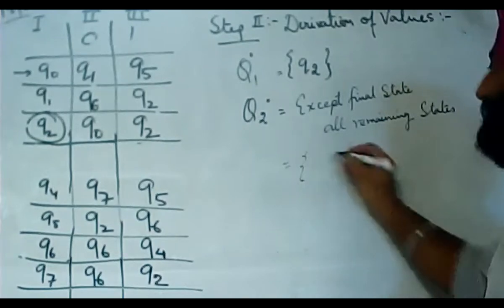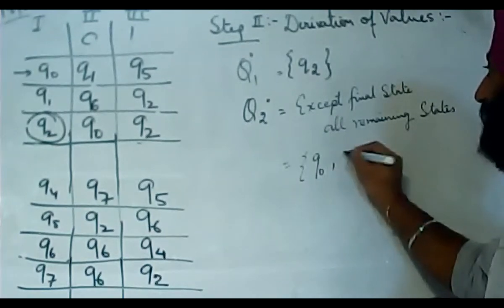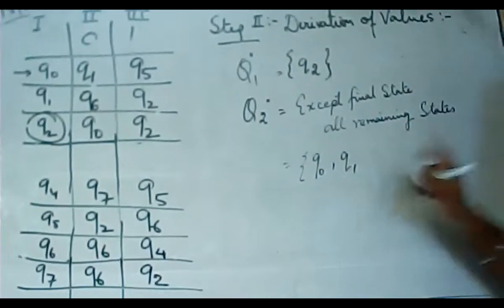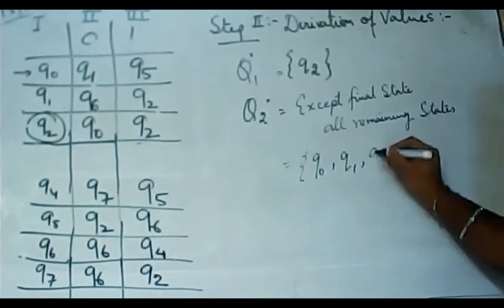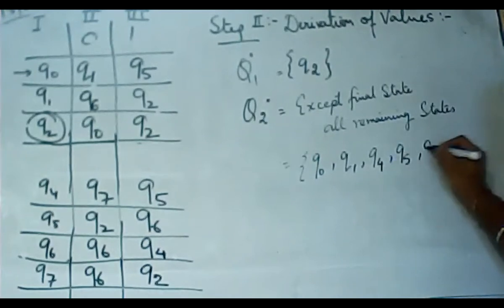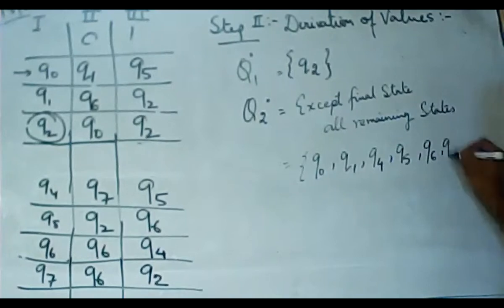The first one is Q naught, Q1. Q2 is already written and we have eliminated Q3, so Q2 and Q3 will not be written. After that, Q4, Q5, Q6 and Q7. So this is the set which belongs to Q2 degree.